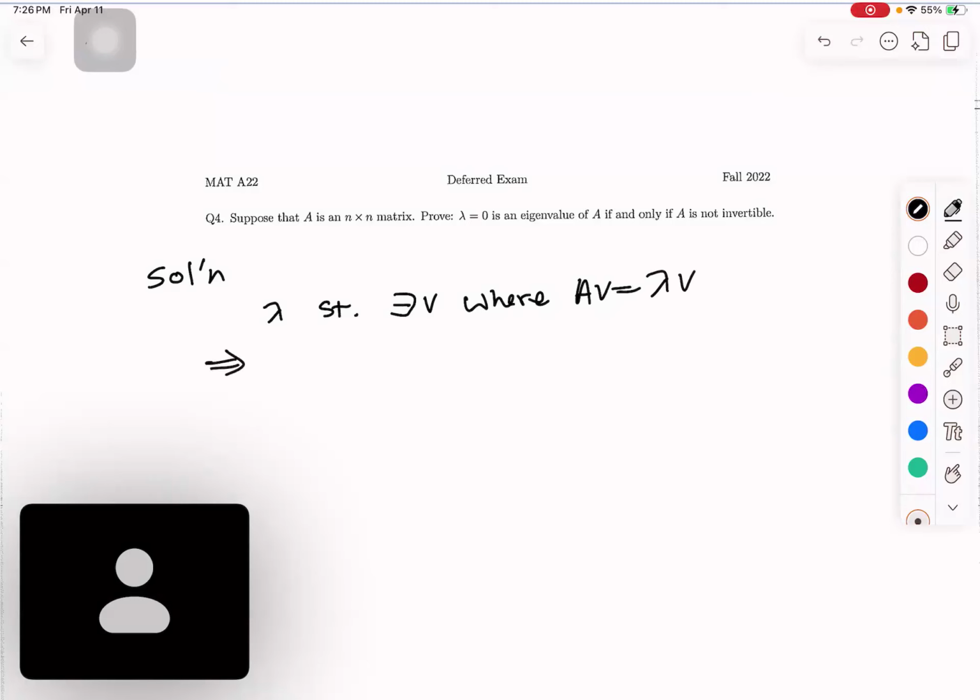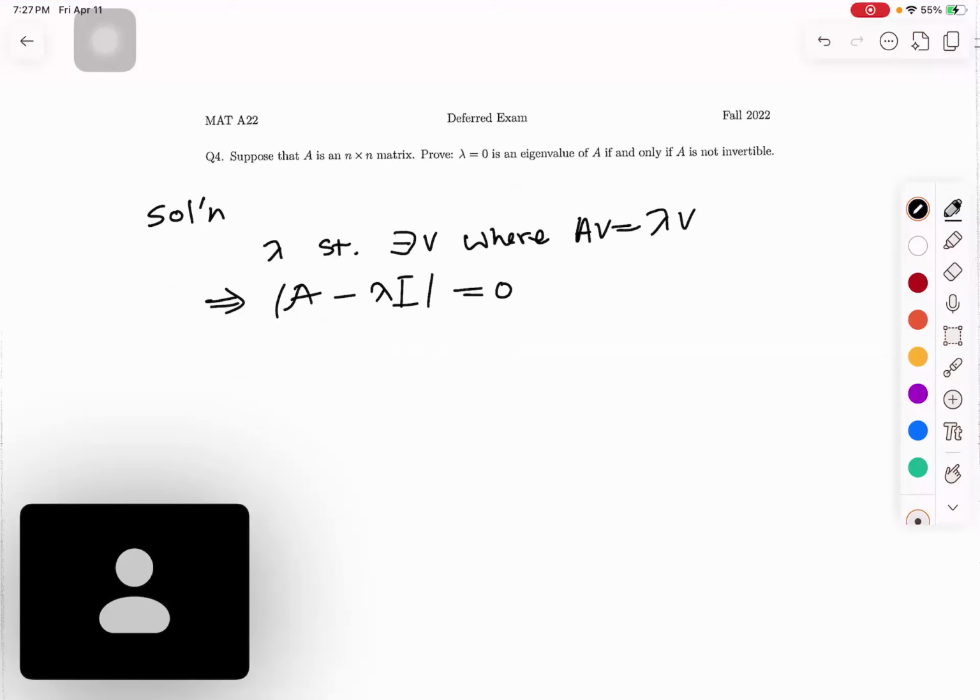We also know that for lambda to be an eigenvalue, it has to fulfill that the determinant of A minus lambda I is equal to 0. So let's prove the forward direction. So lambda equals 0 implies A is not invertible.